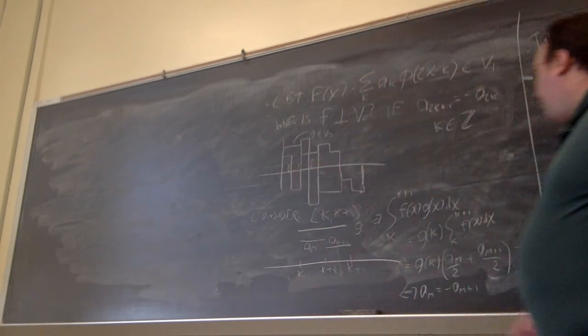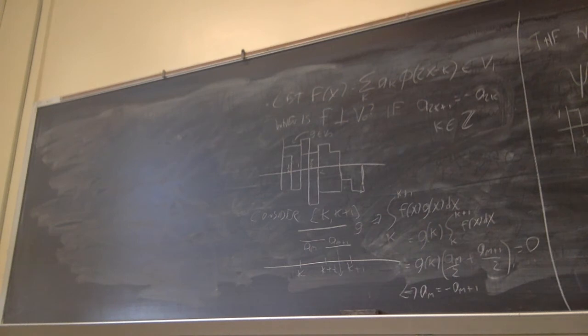But where do we see that graph? Right here. It behaves like a Haar wavelet on each subinterval bounded by integers.